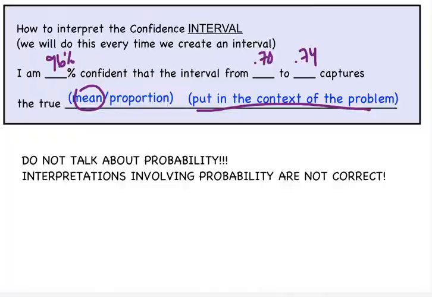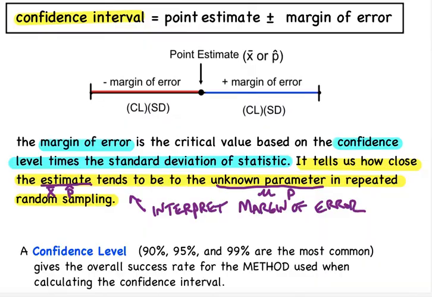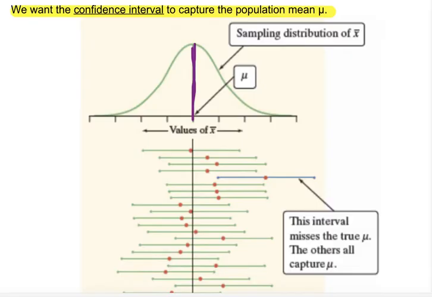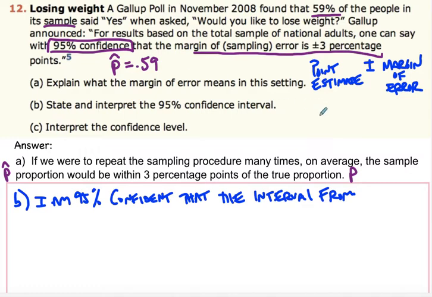All right, what was the point estimate again in this case? Remember, a point estimate was either x bar or p hat. In this case, it's p hat. So our point estimate is 0.59, plus or minus our margin of error, which was 3 percentage points, so 0.03.